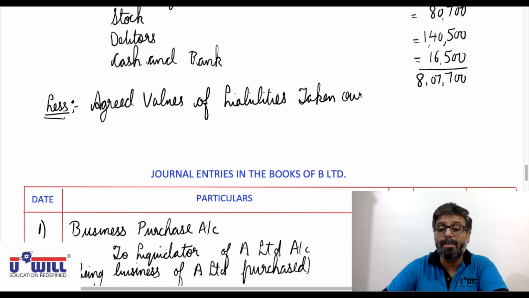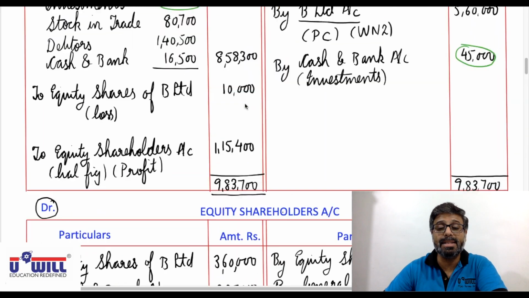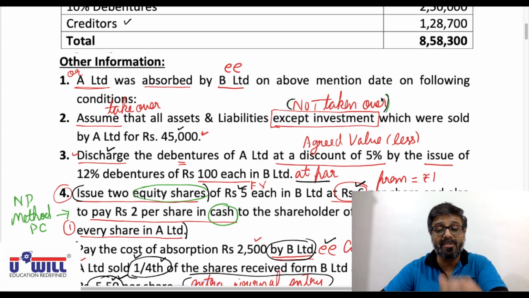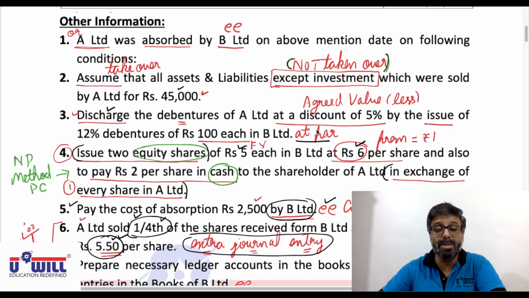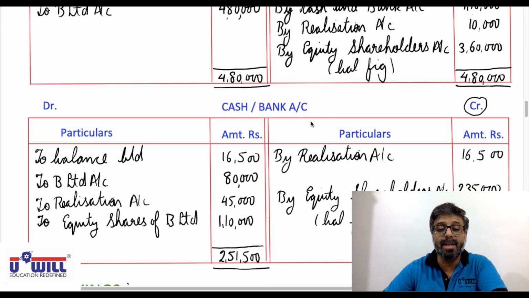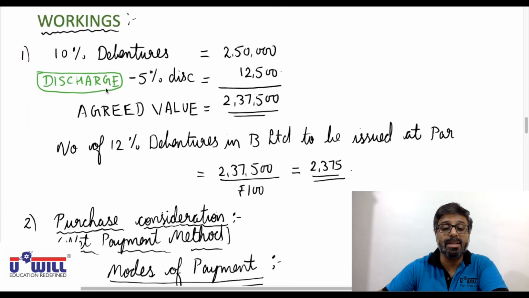Now there are two liabilities and both are taken at book values only. See on the liabilities side, which are the two liabilities? 10% debentures, 2,50,000. No, 10% debentures are taken at discount of 5%. So we have done the workings. 10% debentures agreed value is 2,37,500.